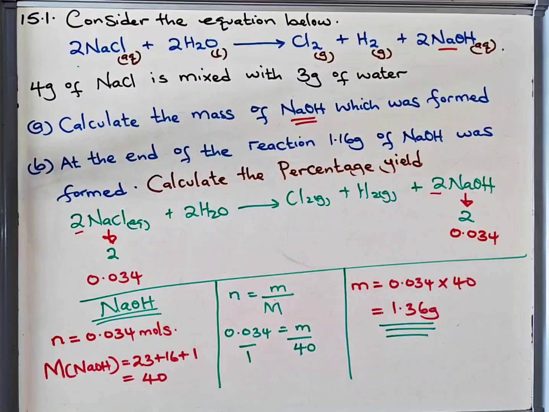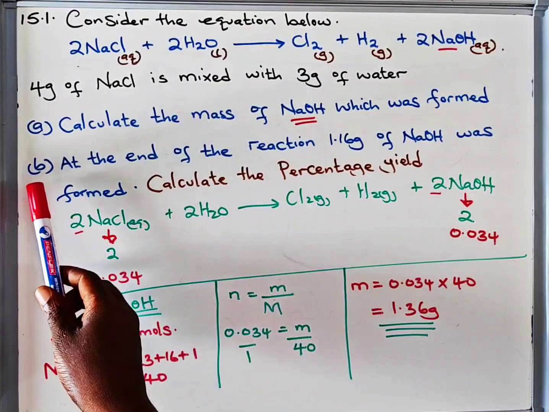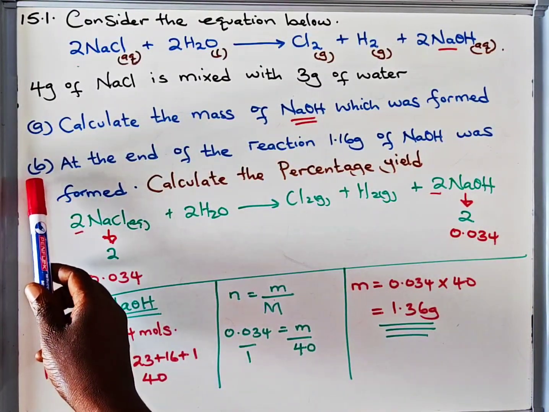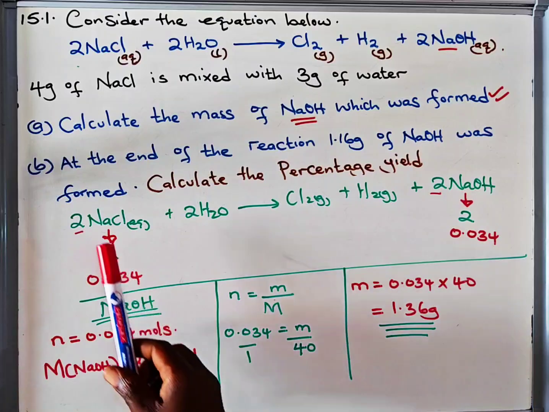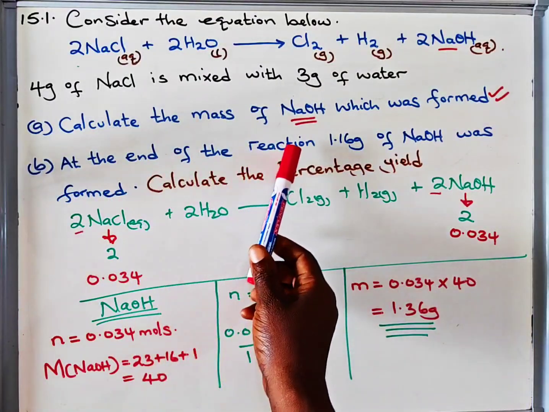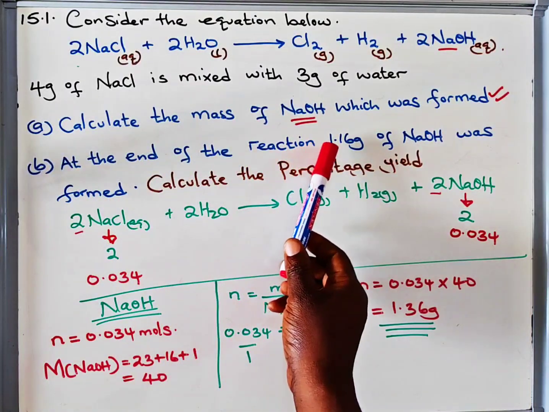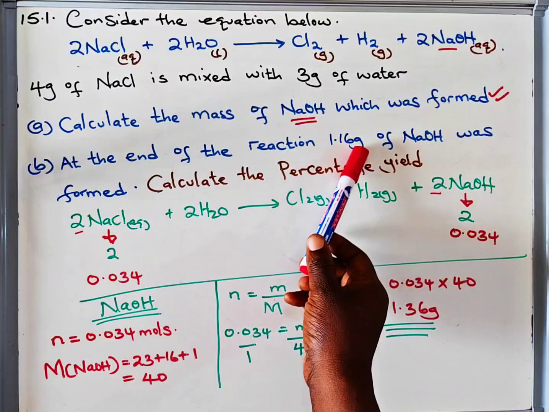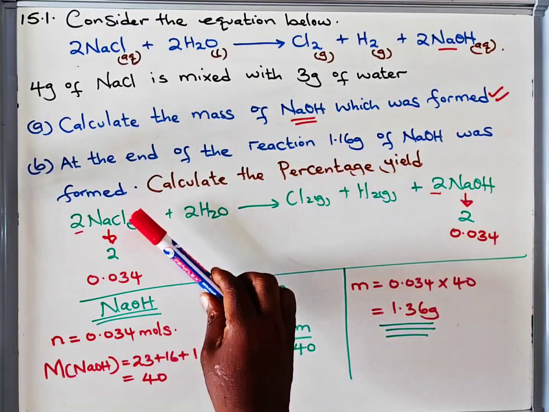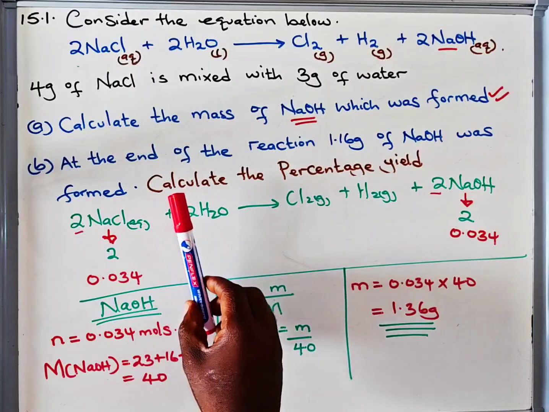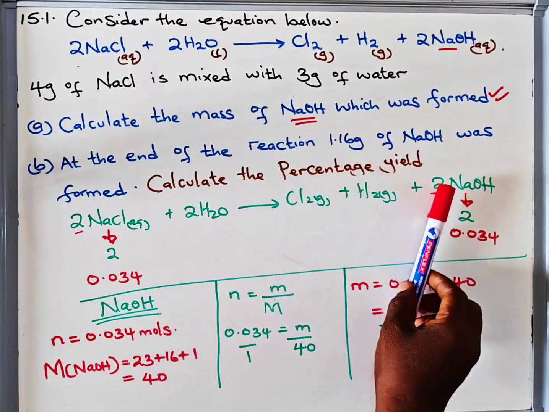Now, after getting the mass, what do we do? We go to question B, because question number 1 has been answered. Question B says that at the end of the reaction, 1.16 grams of sodium hydroxide was formed, and they say calculate the percentage yield.